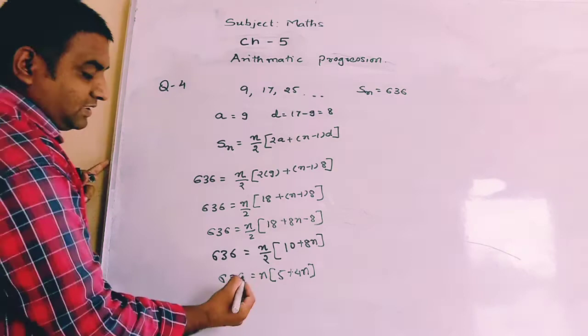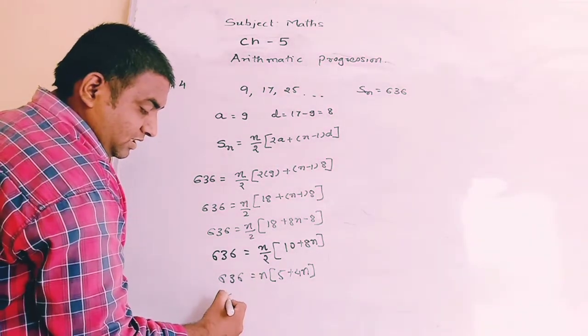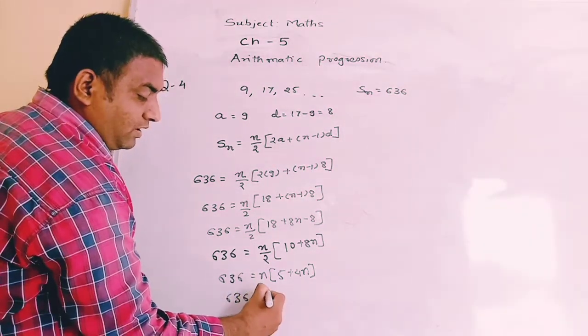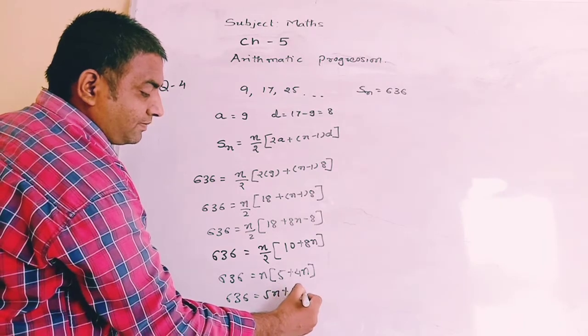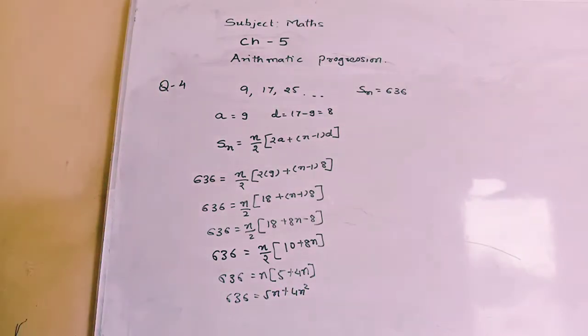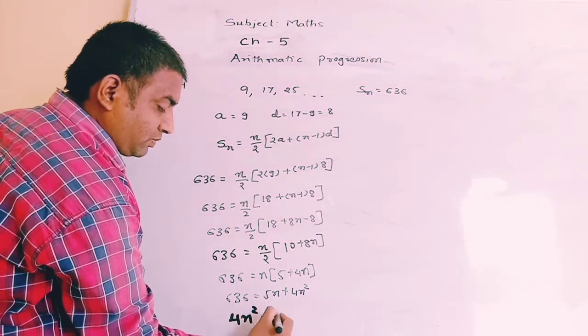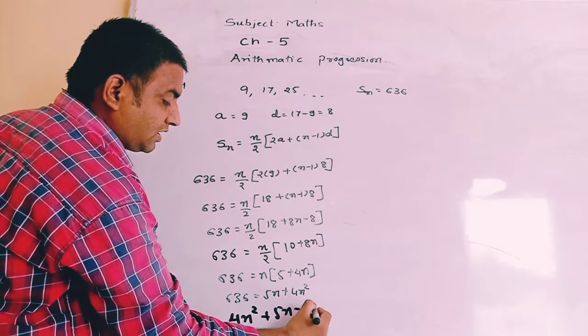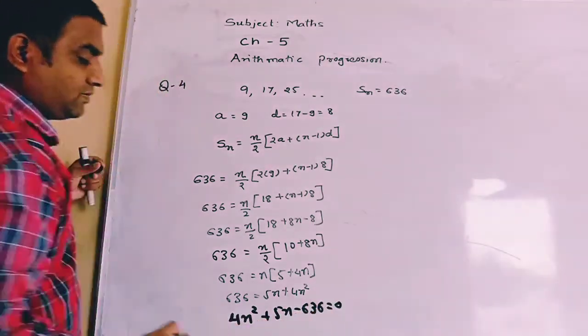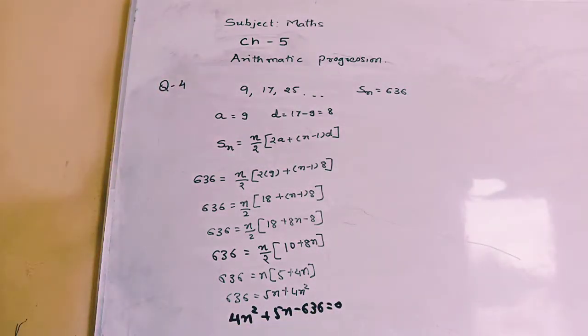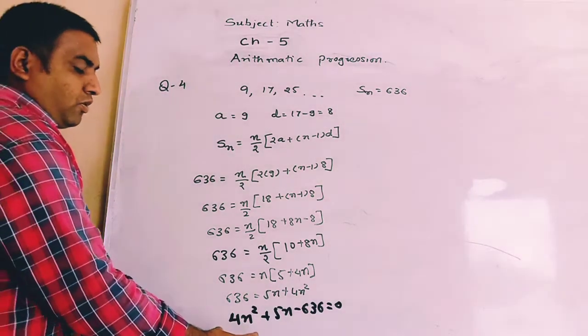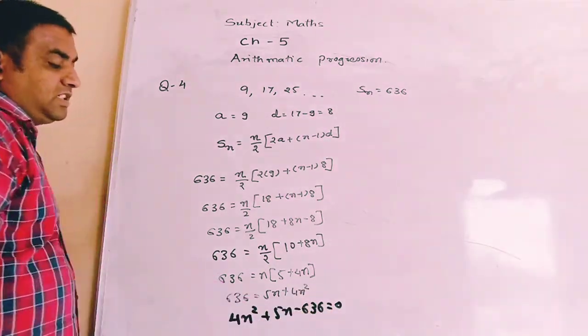So we multiply inside, then it will be 636 equals 5n plus 4n square. And so we have the equation 4n square plus 5n minus 636 equals 0.